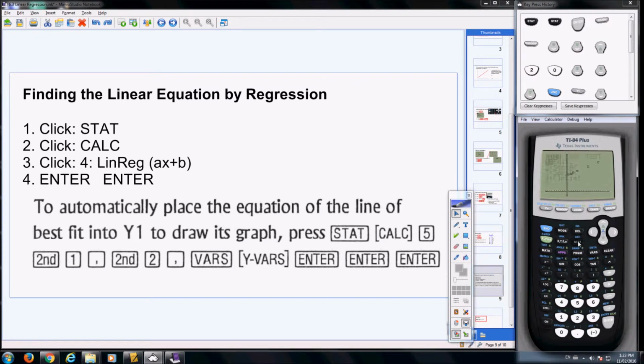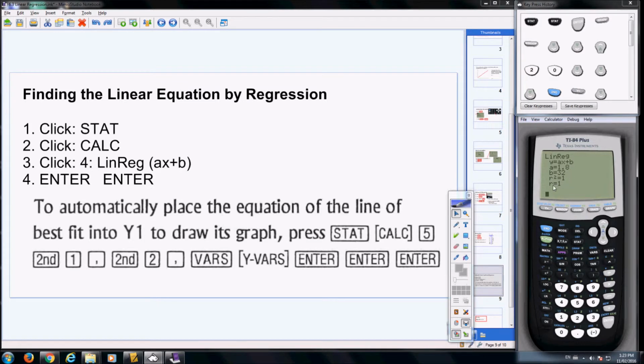So back to Stat, this time over to Calc, and I'm going to go down to LinReg, hit Enter, and if I just hit Enter here, it will give me the form of the equation, which is ax plus b, and it will tell me what a and b stand for, what numbers represent there.